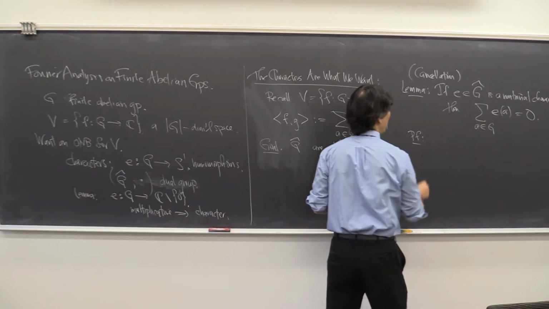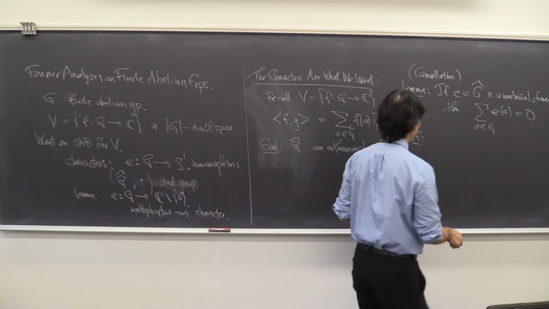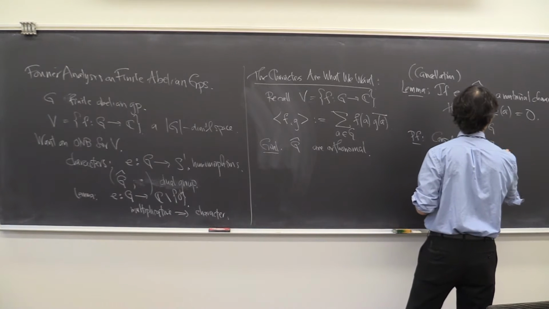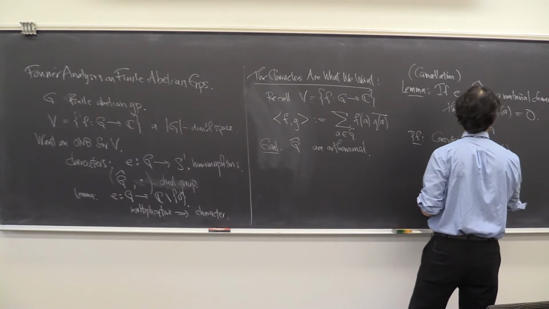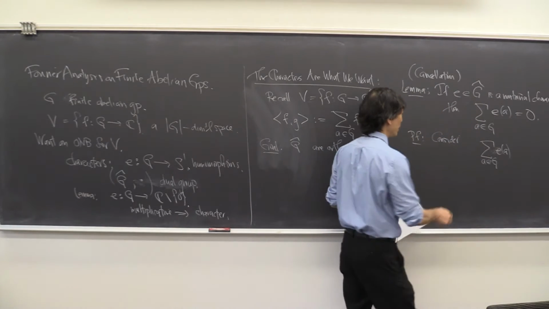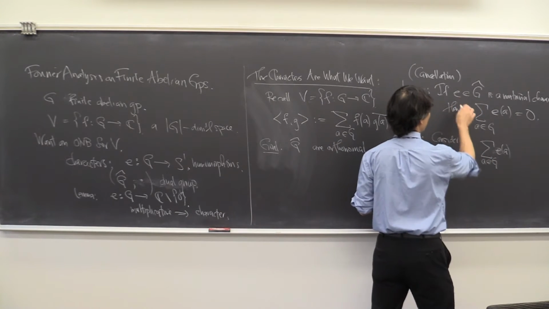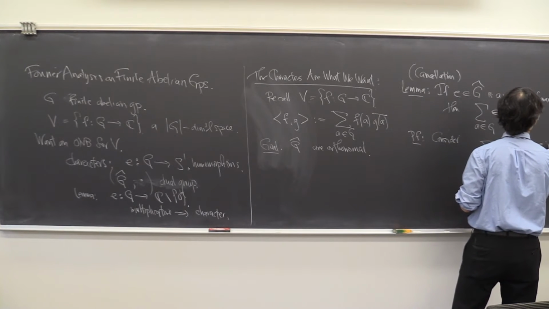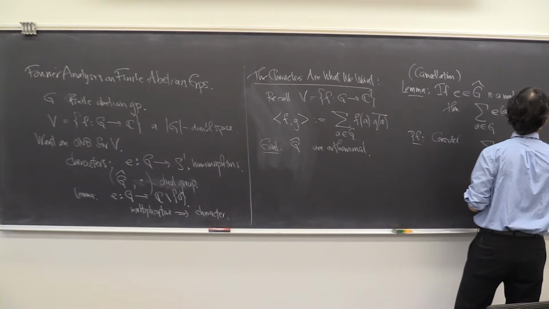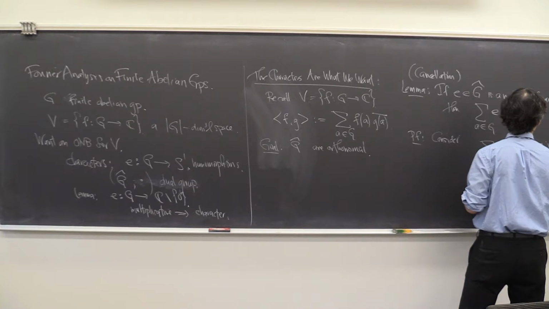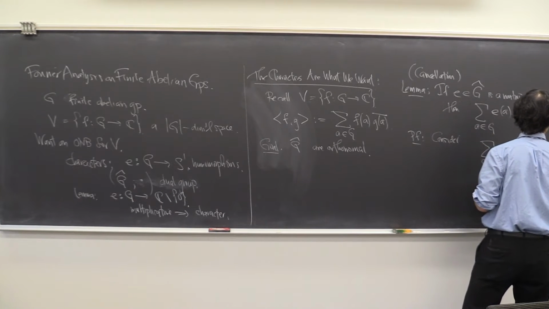The proof is pretty simple. Consider this sum. Since E is non-trivial, we know that there exists some point B in the set where E of B is not 1.